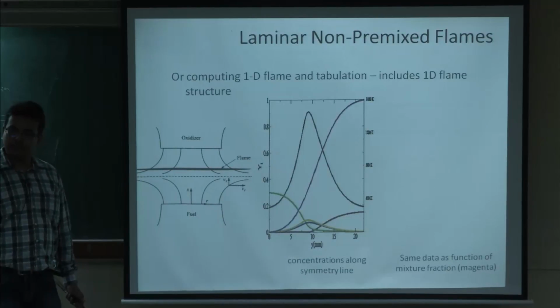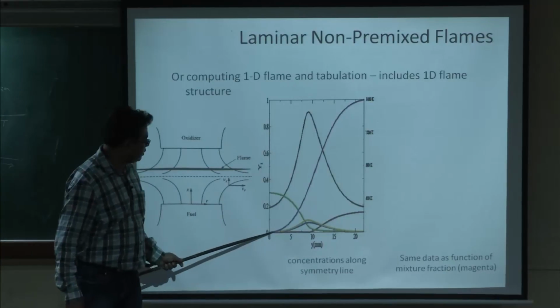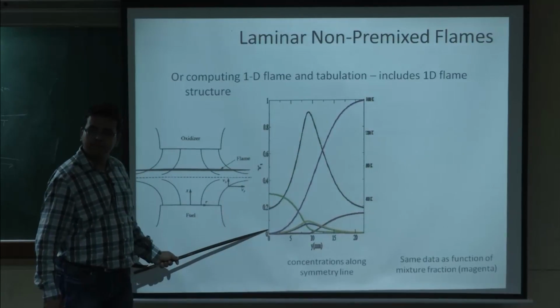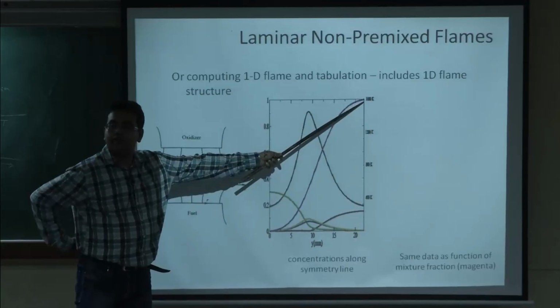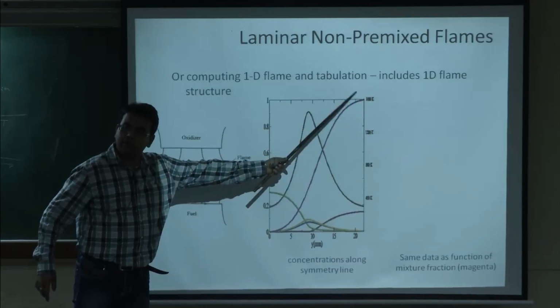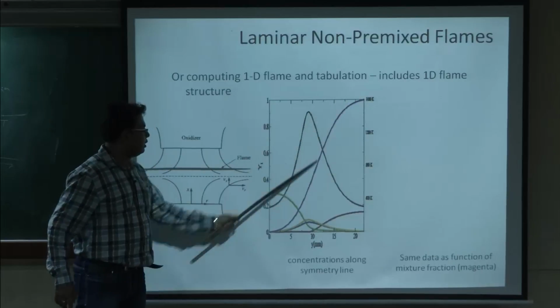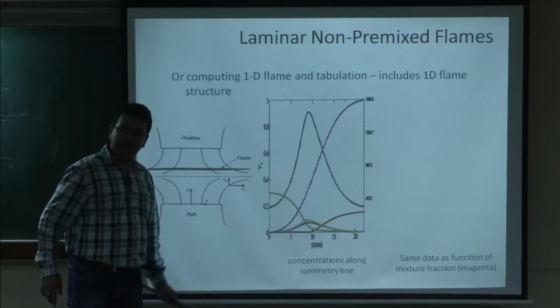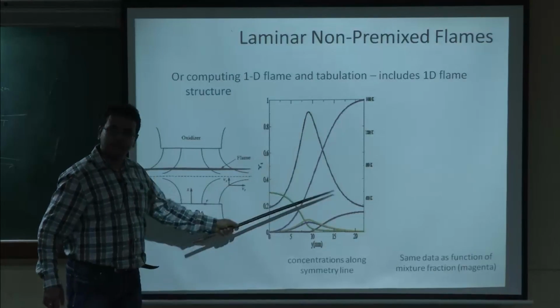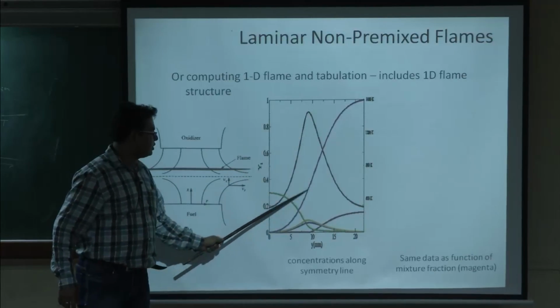But now we can plot the same data in the mixture fraction space. Here you see the mixture fraction variation. It is 0 in the oxidizer stream and goes to 1 in the fuel stream, so 0 to 1 it is varying along the physical direction. Now you can plot all these species mass fractions and temperature along the mixture fraction space.